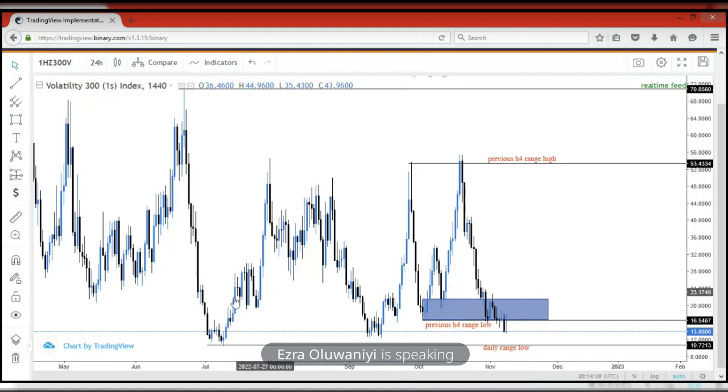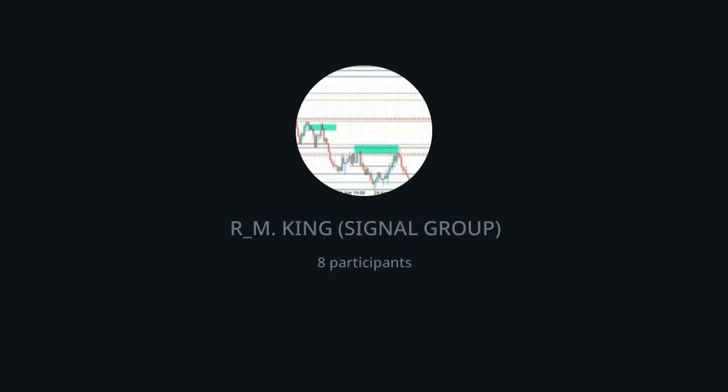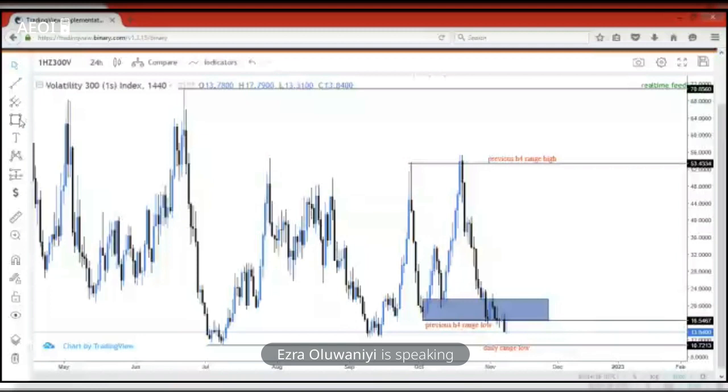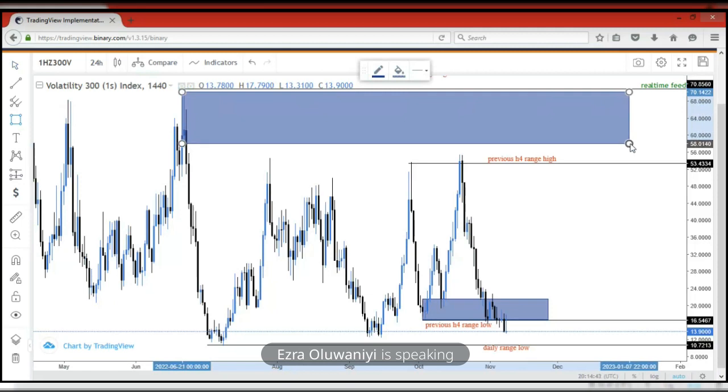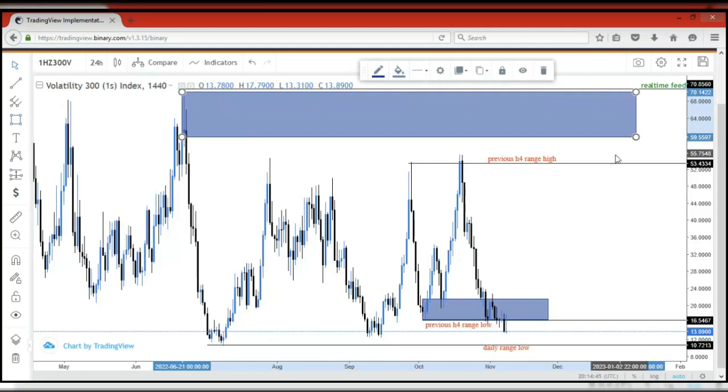This is where the daily zone is. Because I've seen people mark daily zone, this is the daily zone here. Because daily is still very much a sell, I'll be looking at this old place. Let me mark it here. This old place as a point of reaction for price to continue selling down.